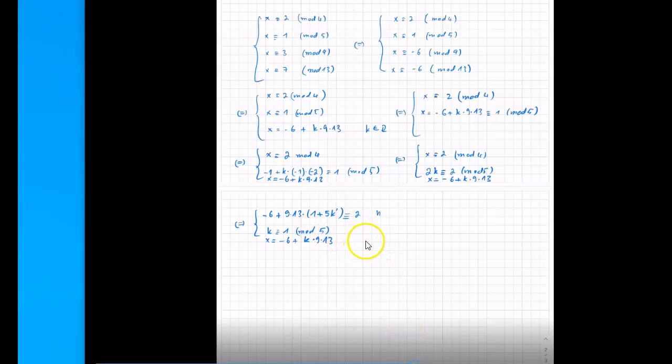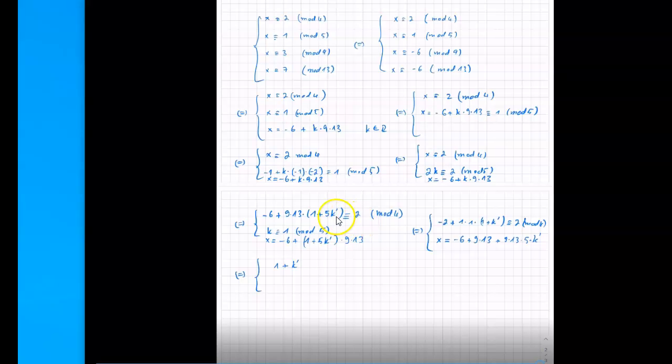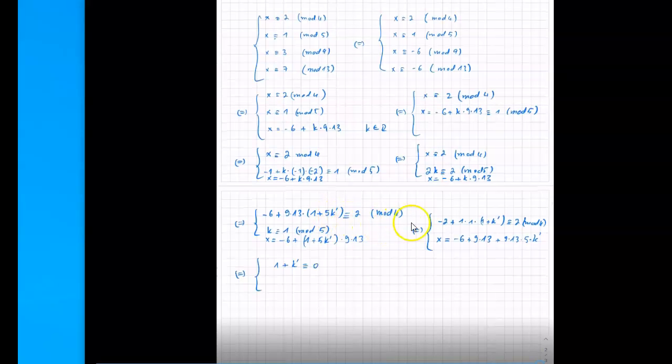So I will replace this k in the first equation, mod 4, and after some simplifications I will get 5k prime is exactly k prime mod 4, and 13 is 1 mod 4, 9 is 1 mod 4, so the calculation will be very simple. It's like 1 plus k prime is equal to 0 mod 4.